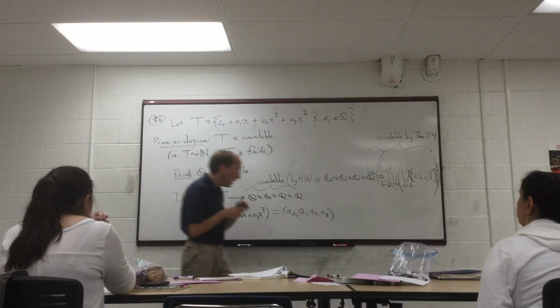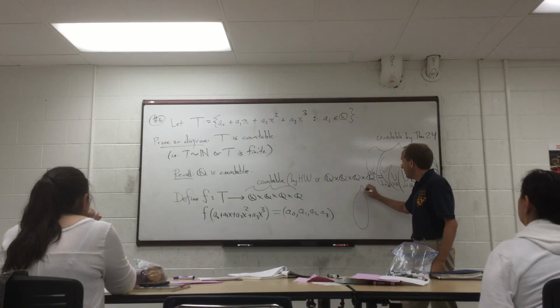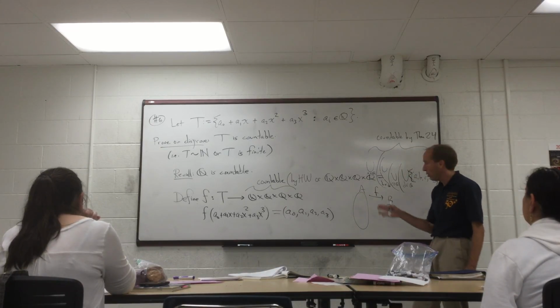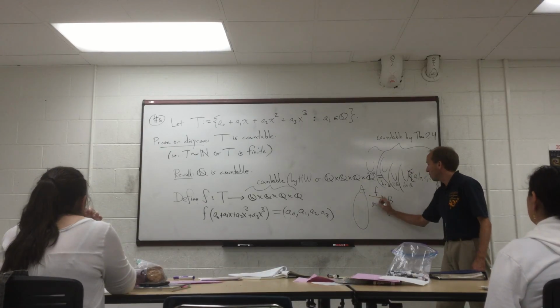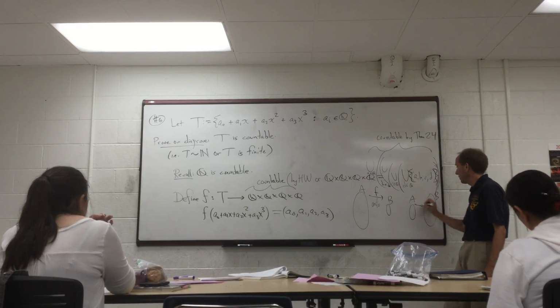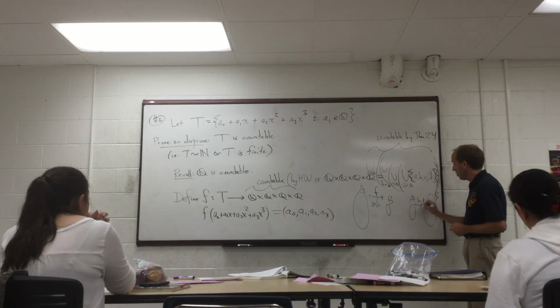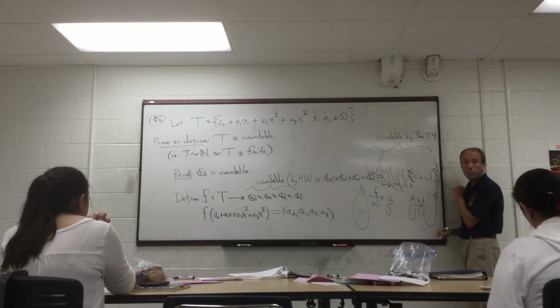The way to remember it is, if you have a function that is onto, it goes from a big thing to a small thing. But for 1-to-1, you're going the other way. Now at the moment we know that the second set is countable.